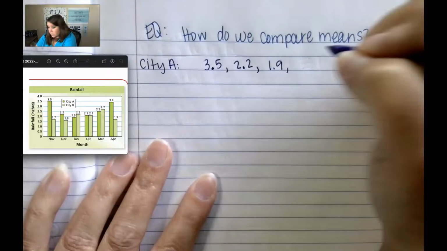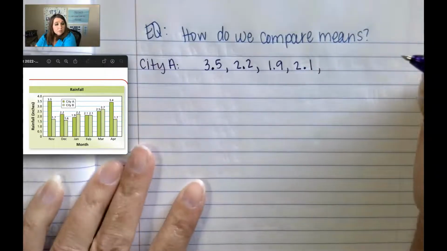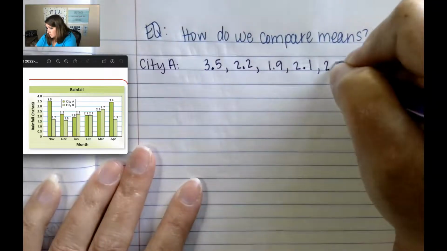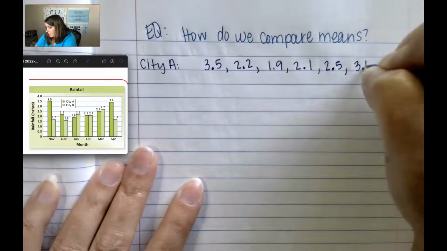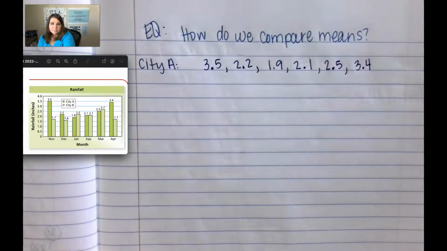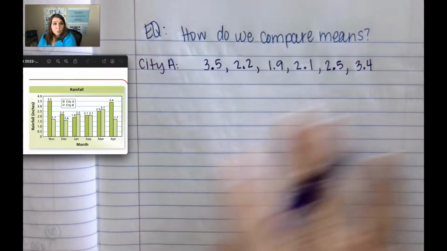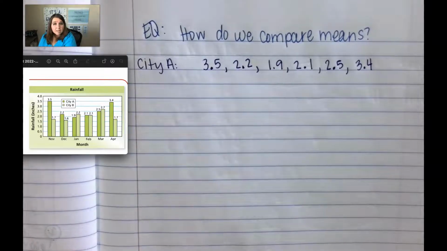In February, it was 2.1 inches. In March, it was 2.5 inches. And then in April, it was 3 4/10 of an inch. All right, so we've collected the data for city A.